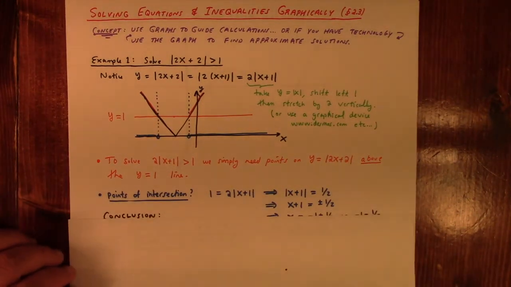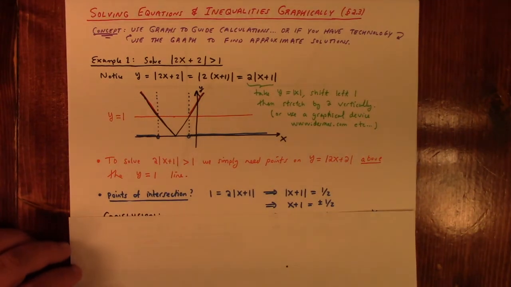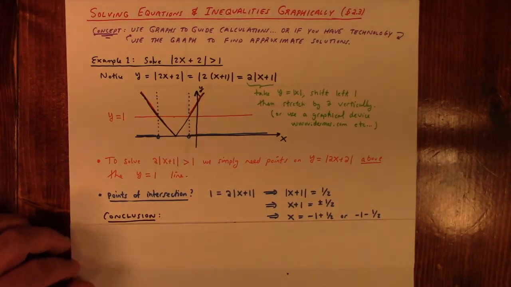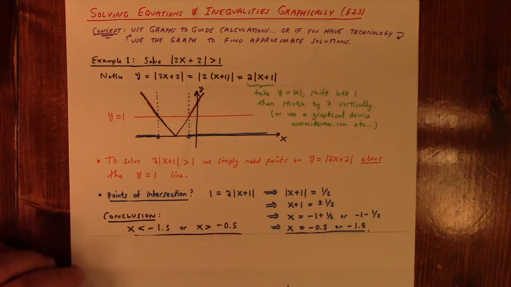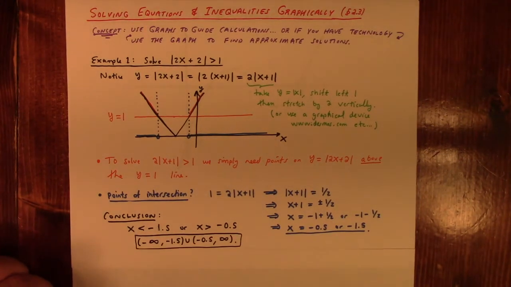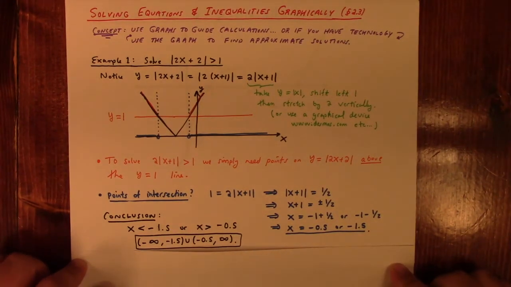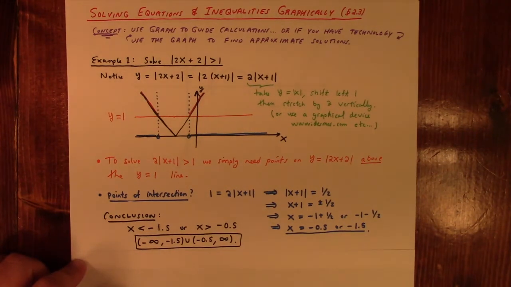So how do we find the points of intersection? Well, we solve 1 equals twice the absolute value of x plus 1, which of course, by the usual algebra down here, gives us x equals minus half or minus 1.5. And so in conclusion, from this graph, we can see that the solution to the inequality is minus infinity to 1.5 unioned with minus 0.5 to infinity.